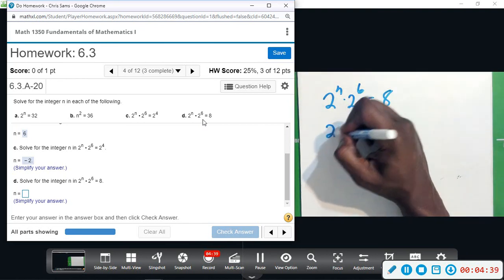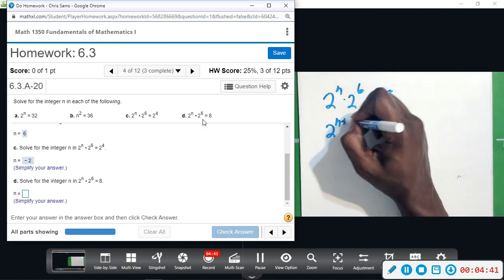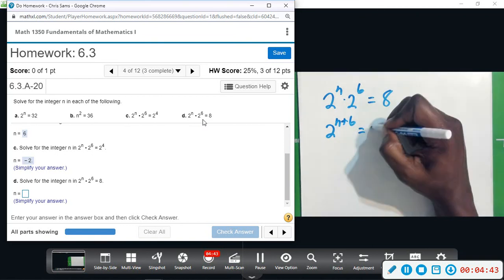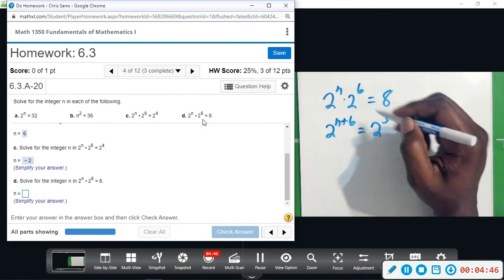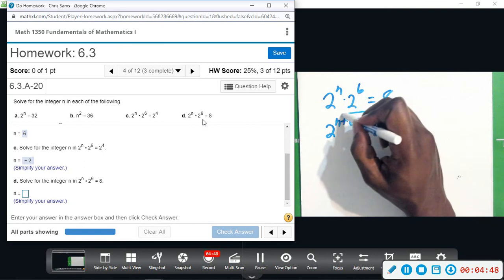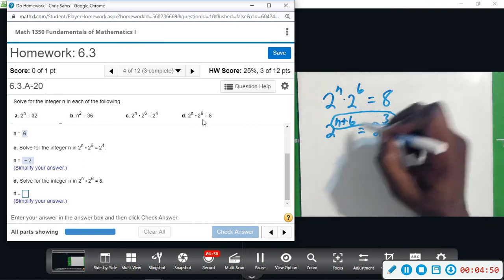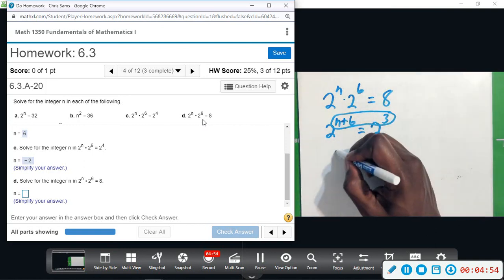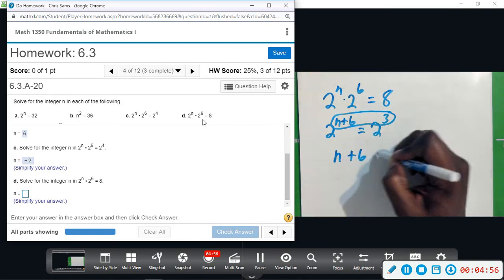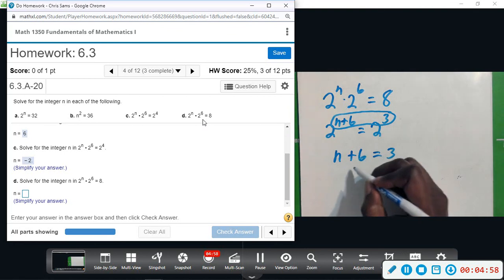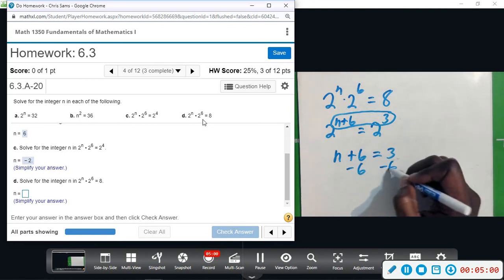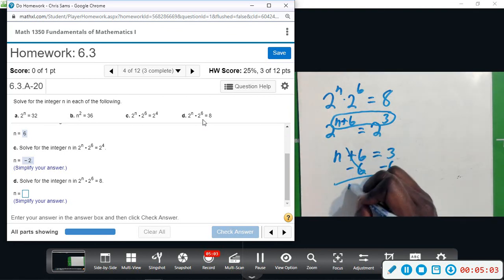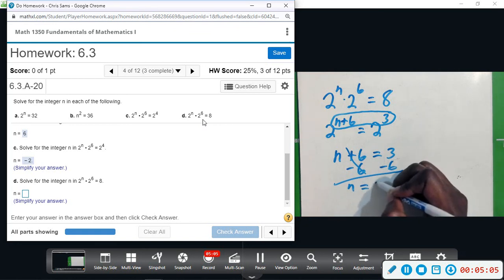So we'll have 2 to the n plus 6 equals 2 to the 3rd. So you can go look that up. 8 is equal to 2 to the 3rd on a base of 2, because we already had a base of 2. So we're going to solve n plus 6 equals 3, just the top part. Subtract 6, and that gives us n equals -3.